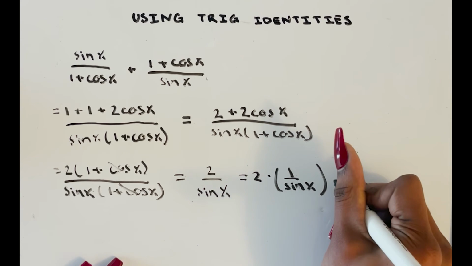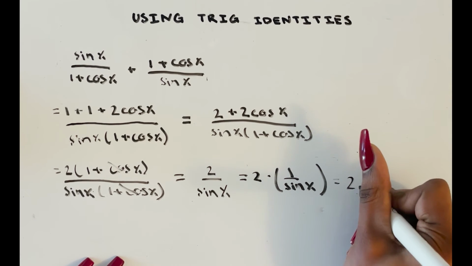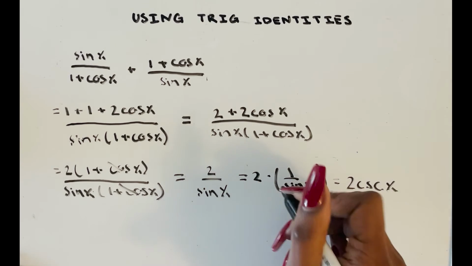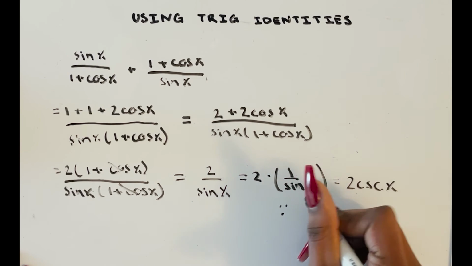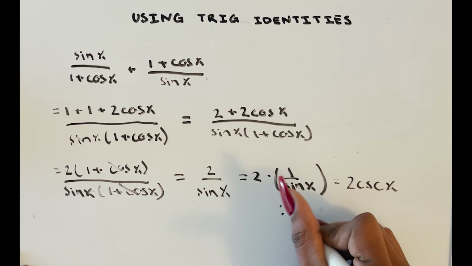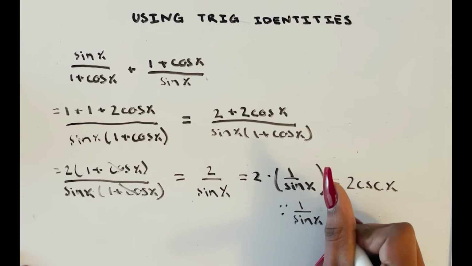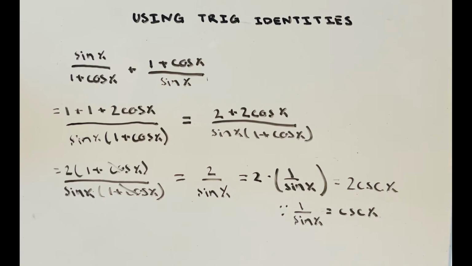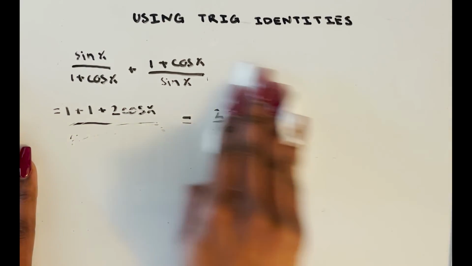So our final answer is 2 cosecant of x. And this is by the trig identity 1 over sine of x equals cosecant x. So we've been able to simplify the expression we were given down to its simplest form, that is 2 cosecant of x. So this example concludes this tutorial.